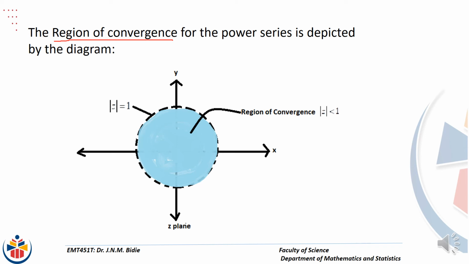Note that we've dashed the circumference of the circle because the region of validity is less than. It does not have the equality. So the region of convergence is within the circle. On the circle itself, the radius is 1.